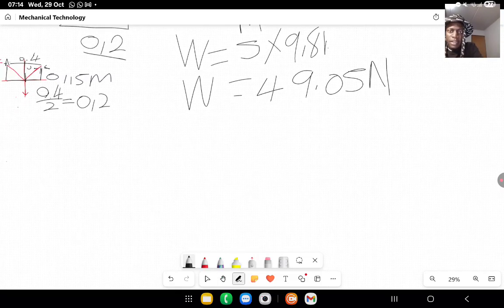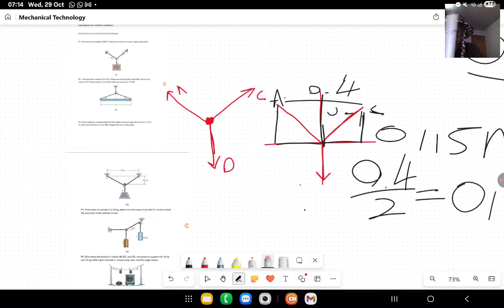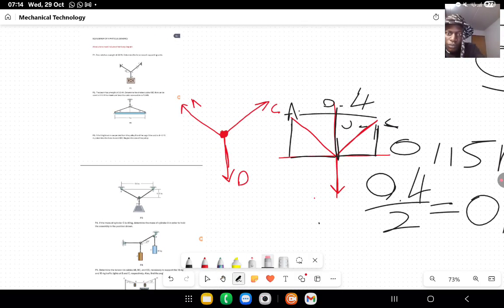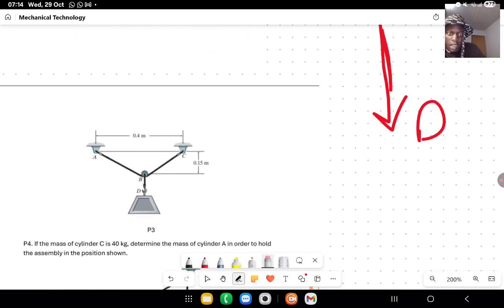Therefore, since the cord ABC is continuous, let me show you, the cord AB is continuous. This cord is continuous.